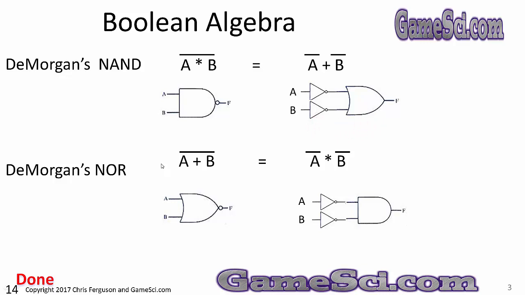Here's De Morgan's NOR gate: A or B, not the whole result, equals not A and not B. Here is the logic gate for NOR, and here is the De Morgan's version of the NOR, not A, not B, fed into an AND gate. That little line right there is attached.